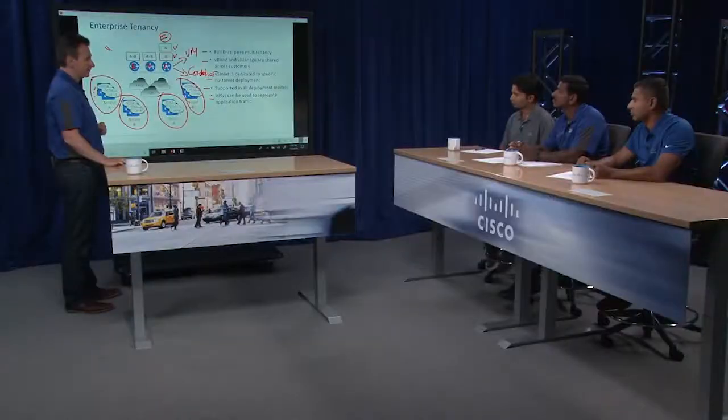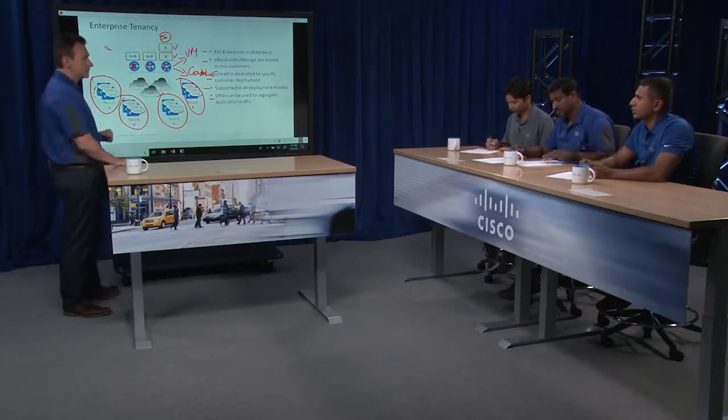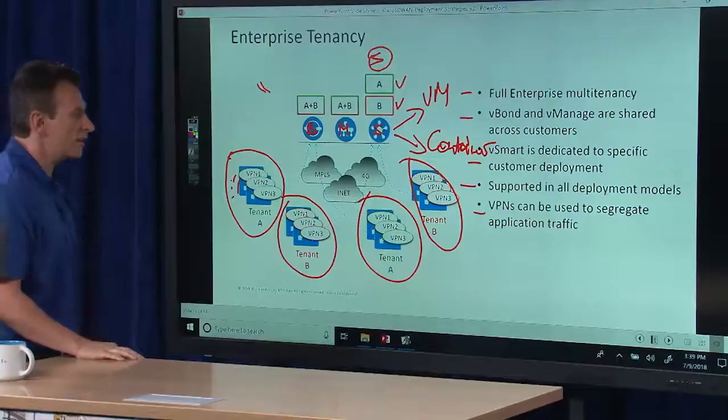So David, when would I use one versus another when I look at VRF-based multi-tenancy or the controller-based multi-tenancy? It's a good question.